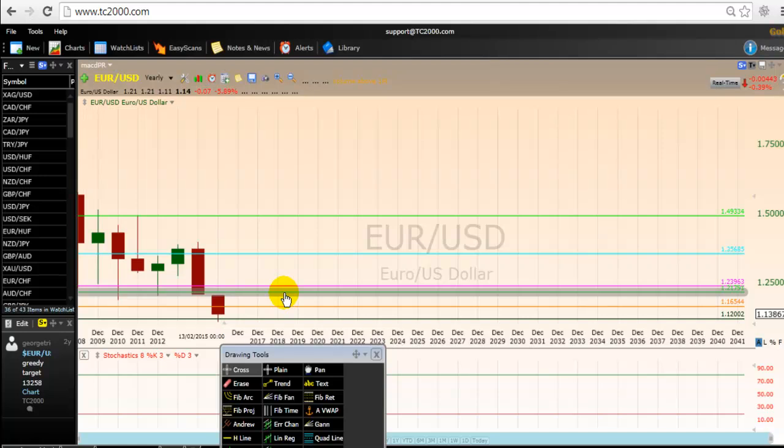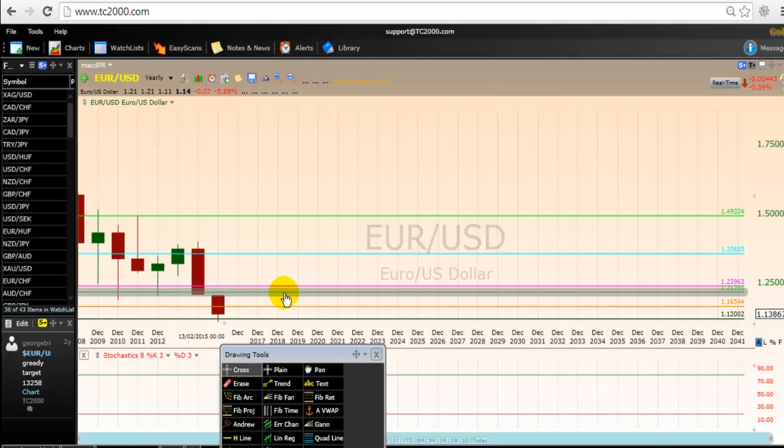At the time when everybody was buying the euro, I was telling traders that. So now we see that the ECB, the European Central Bank, was forced to start quantitative easing like the United Kingdom and also like the United States. This is what we call the fractal pattern.